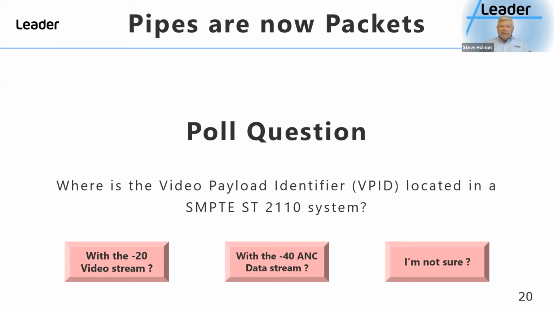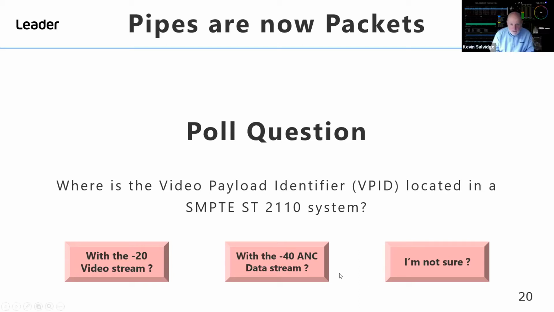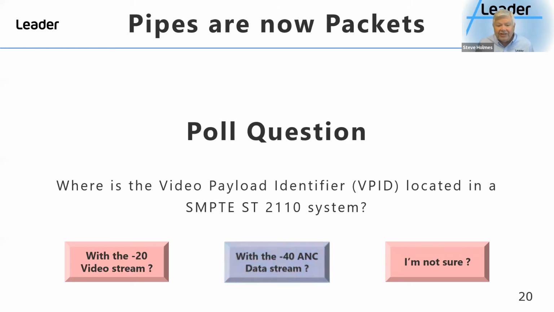So let's see how we did in our poll. We've got a pretty even split. The answer is it's in the ANC stream. Anything that would be in the vertical interval is now pulled out and placed in the ancillary stream.